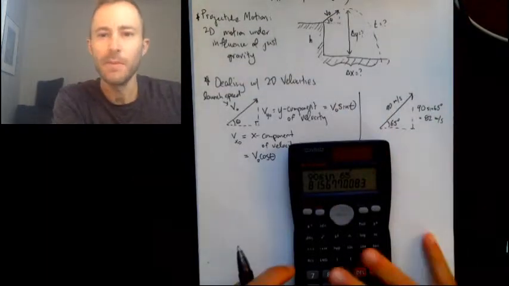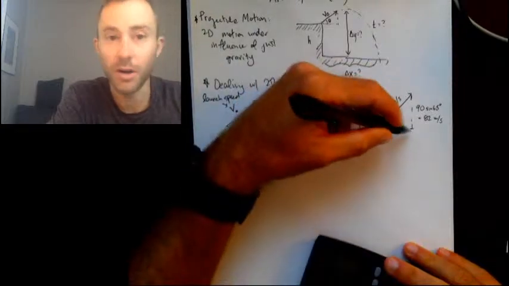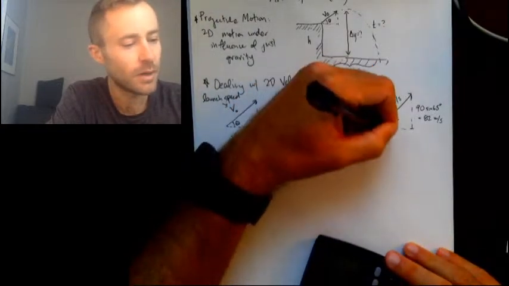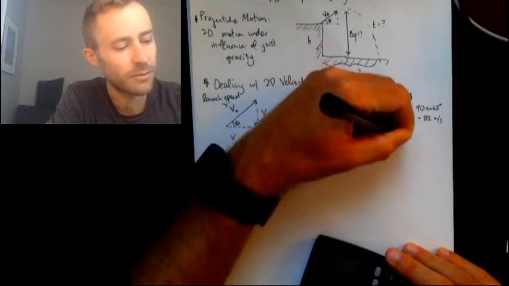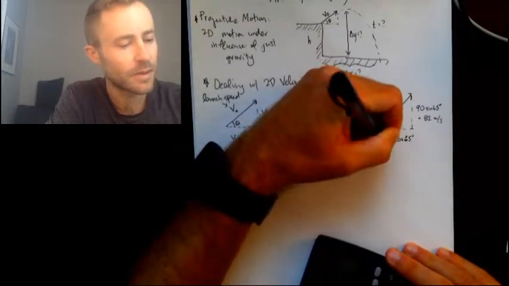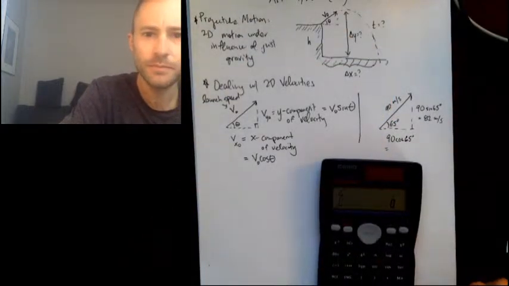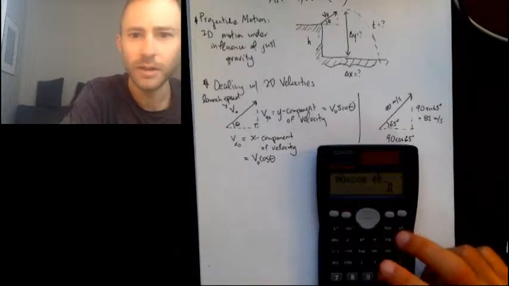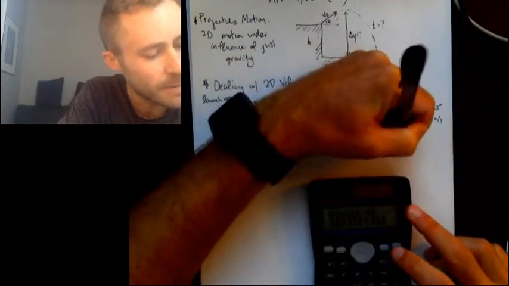And then the part of the velocity that is horizontal is going to be 90 cosine of 65. 90 times cosine of 65 is 38 meters per second.